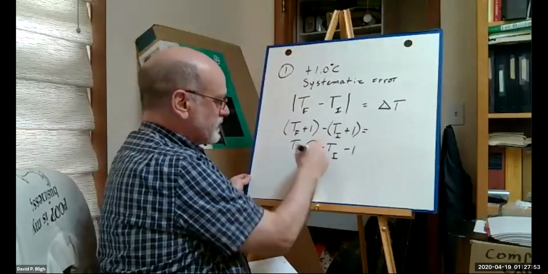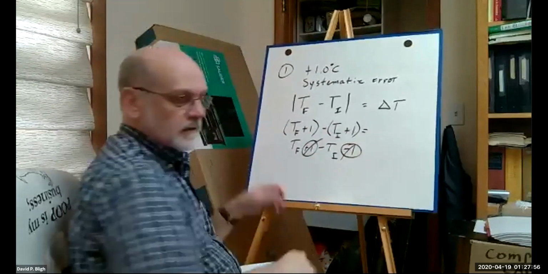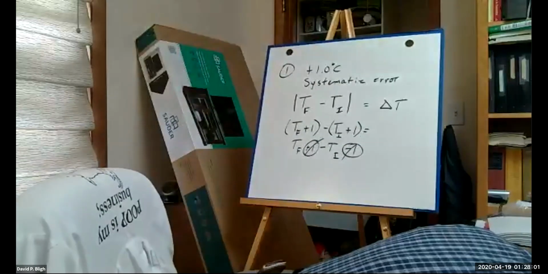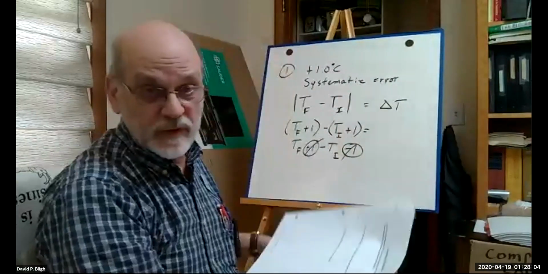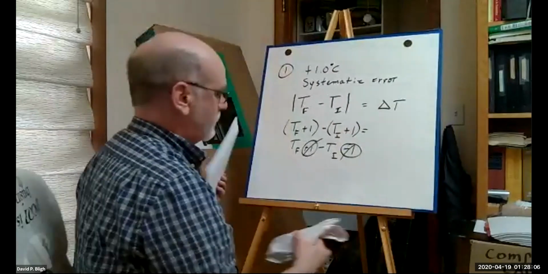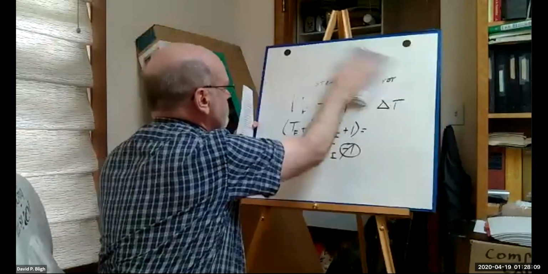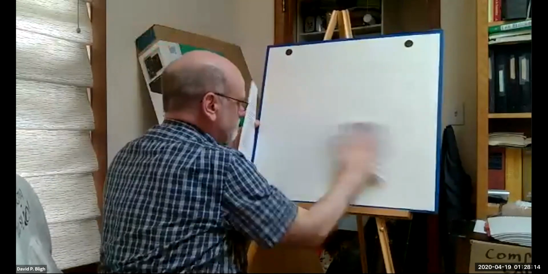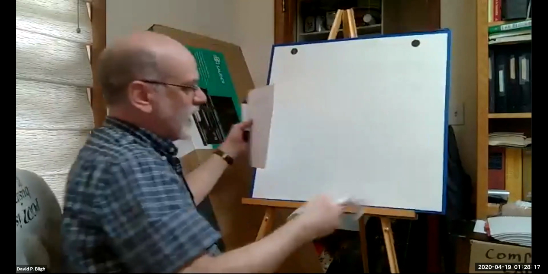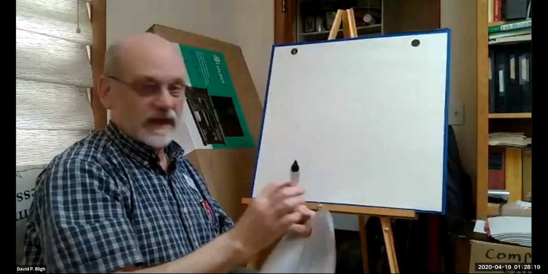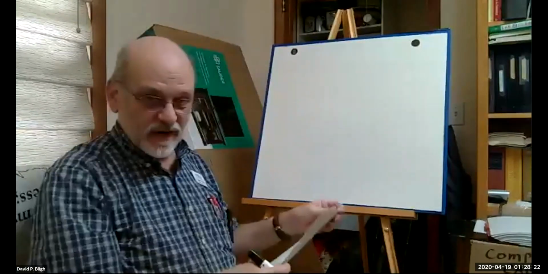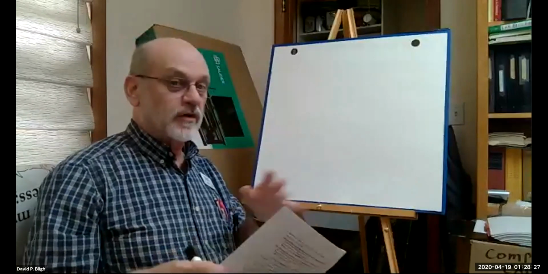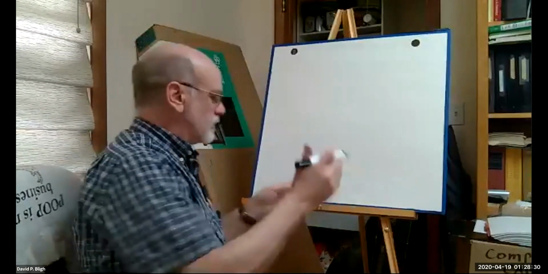There's a plus, there's a minus. Does it make a difference? No, it doesn't make a bit of difference. So there's an easy 3 points. Now, all systematic errors are not like that. That's one type. Some systematic errors take a little more finagling to correct for them, but they're still correctable.